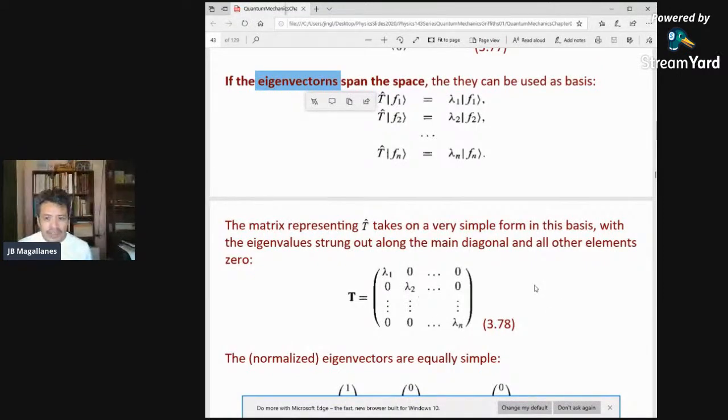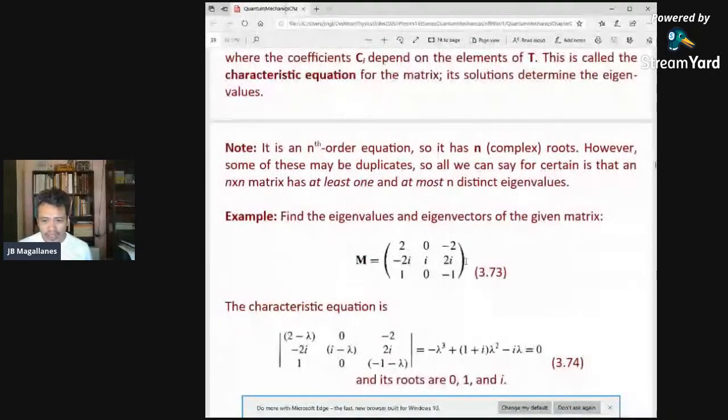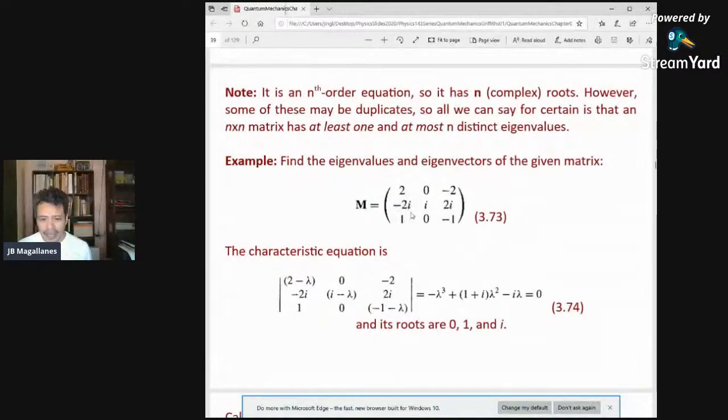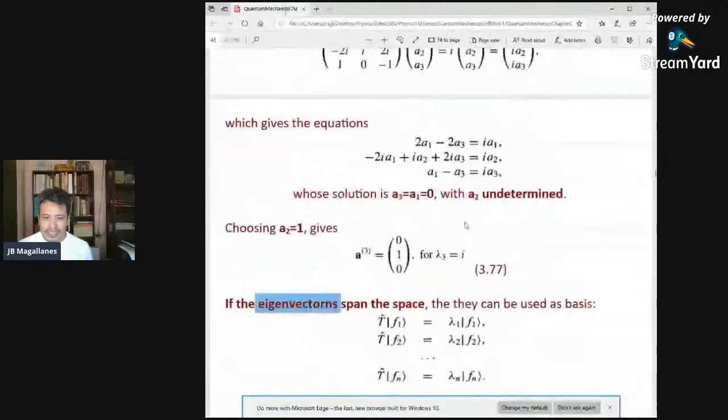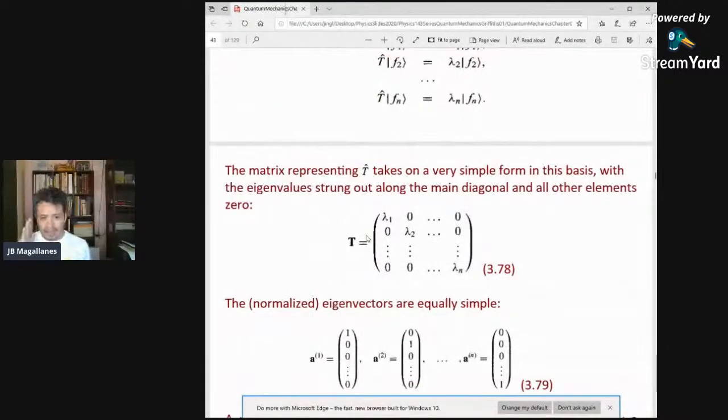So in this case, the transformation M here, you can change this to 0, 1, and i, and put all other elements to 0. This is the condition: that they span the space.